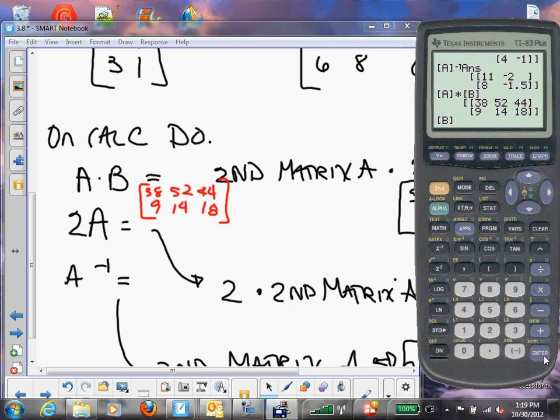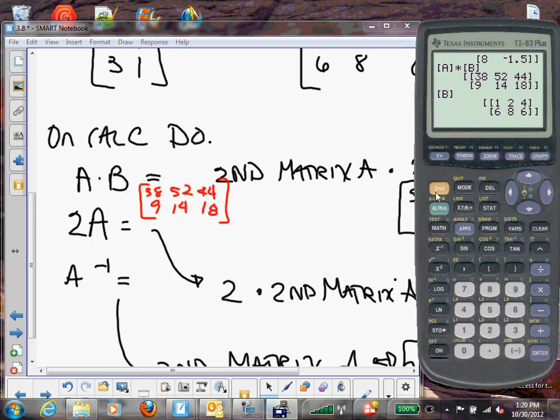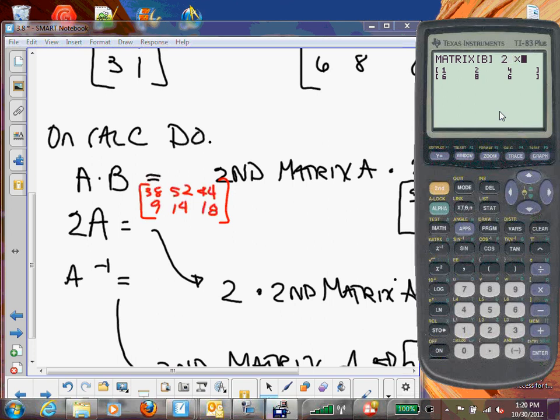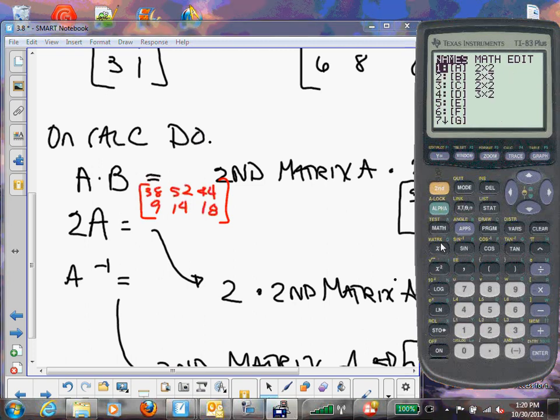So is it 1, 2, 4, 6, 8, 6? Aha! Okay. So let me edit my B matrix. So it should be 1, 3. Okay.